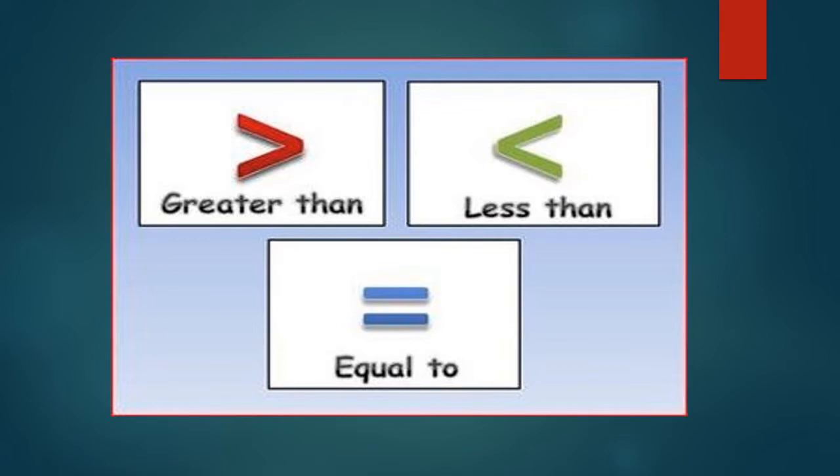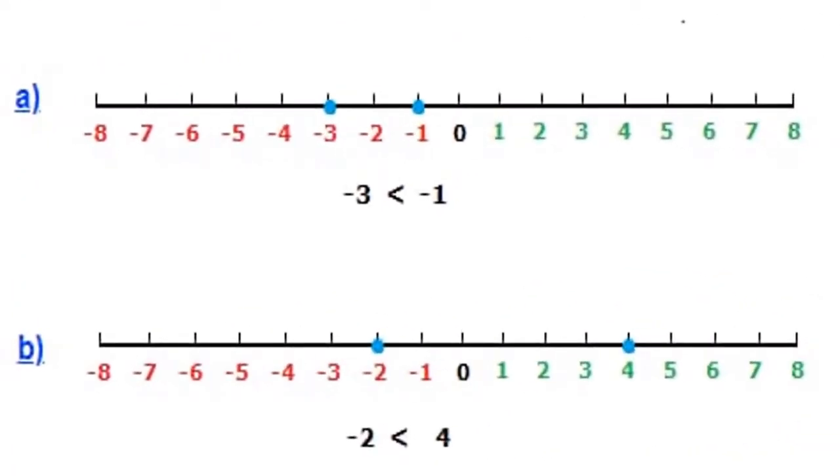Now let's see here. We have to compare minus 3 and minus 1. Both are negative numbers, but as you go more to the left side of the 0, the value of the numbers will be lesser.